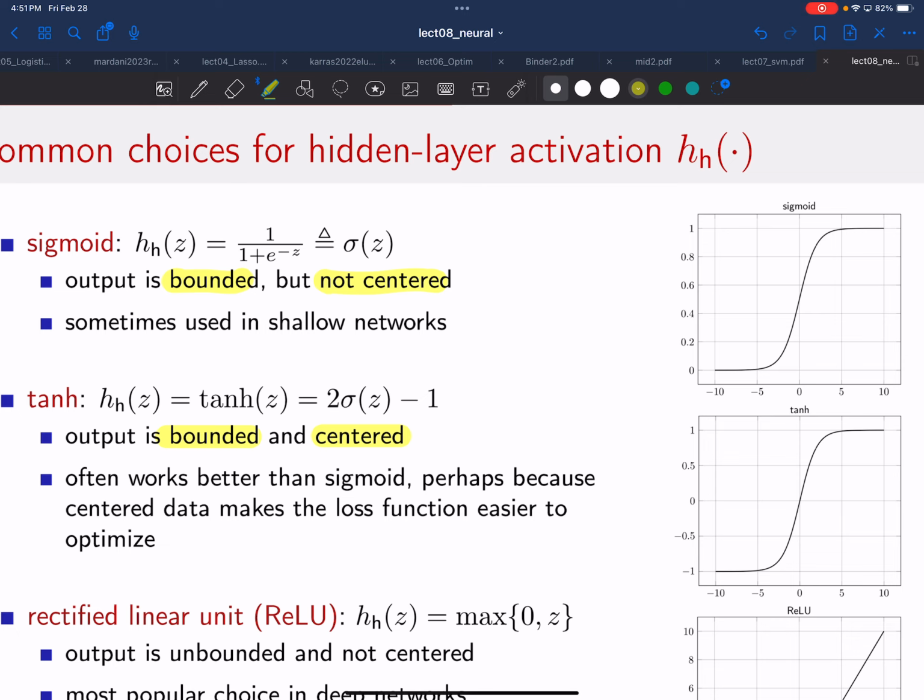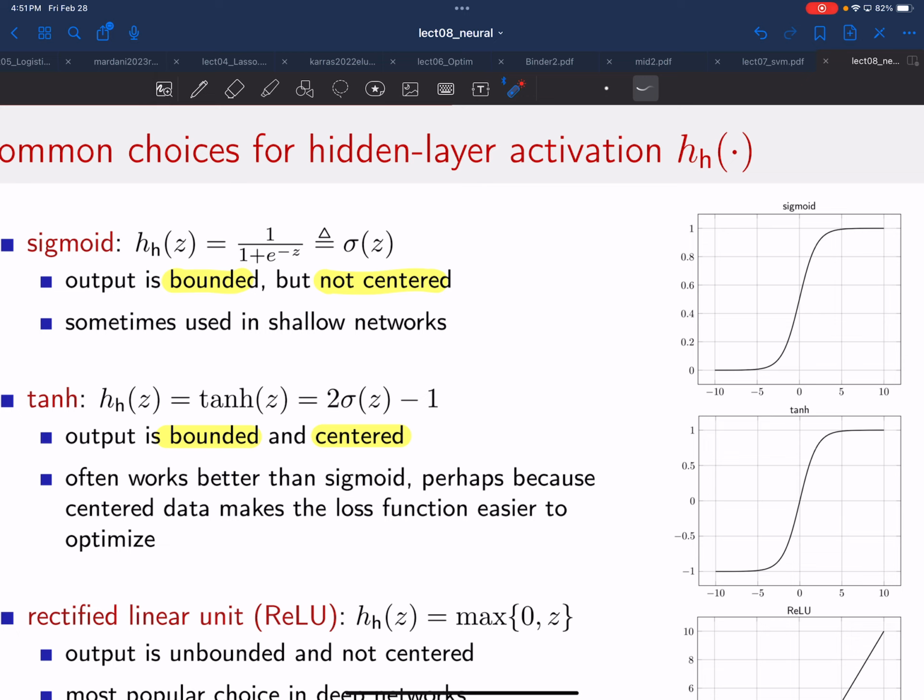Maybe because when the data is centered, maybe you have 0 mean features, you put them through a network, maybe that gives you also kind of 0 mean quantities, you put them through this, you get 0 mean. Maybe the data being centered makes it a little bit easier to optimize.